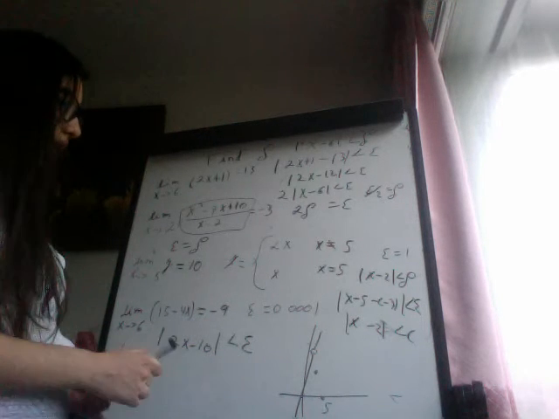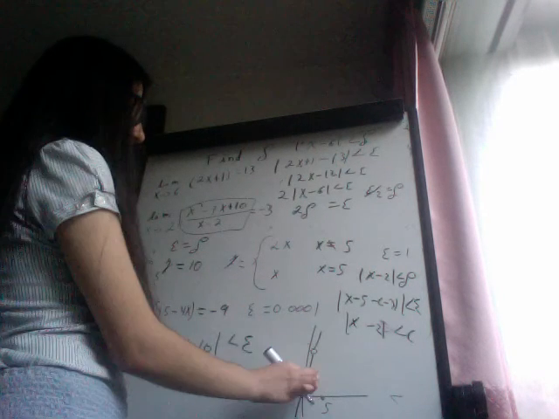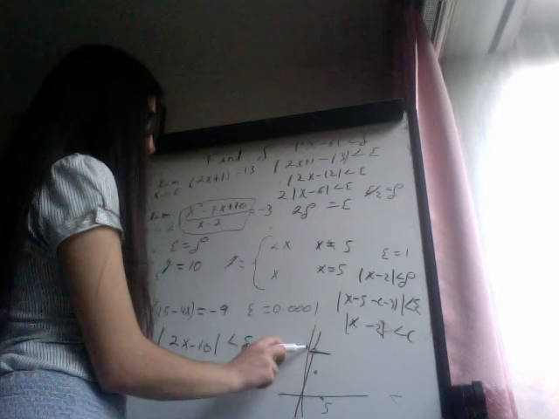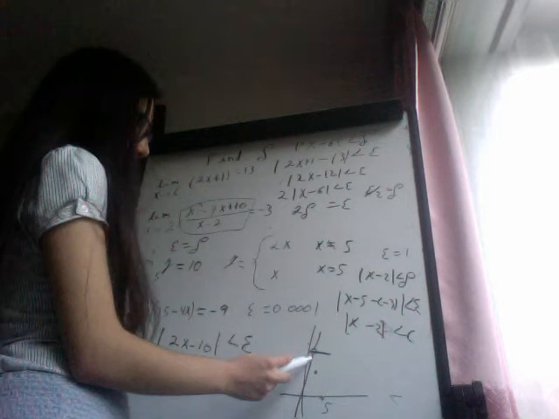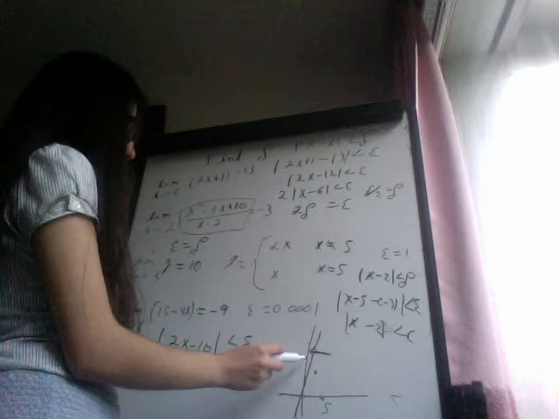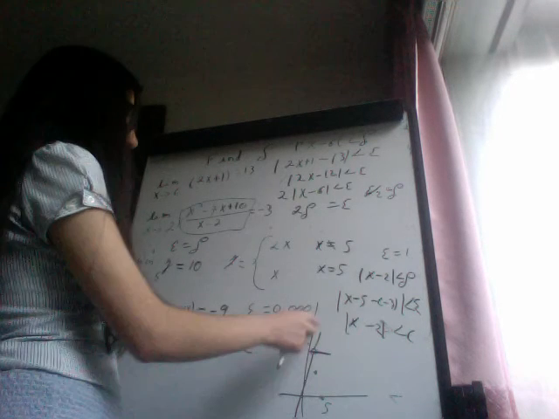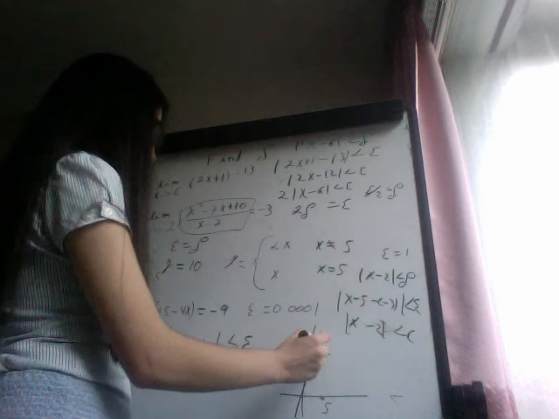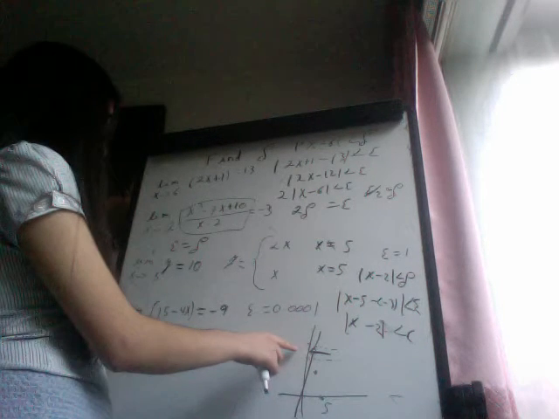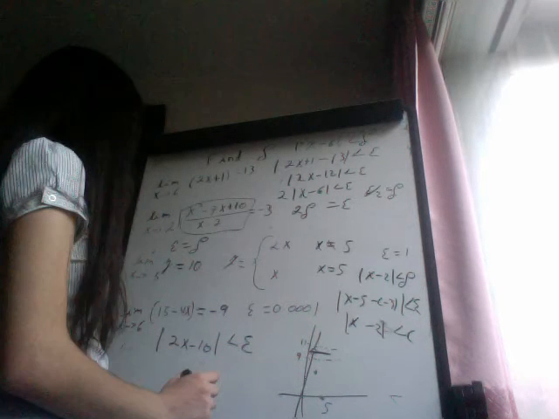So what's the distance between the function and the limit? Not the value of the function, the limit. So this distance between this and the function depends on what epsilon is. So for example, let's say we have an epsilon of 1. If the limit is 10, we are here at 11 and here at 9.